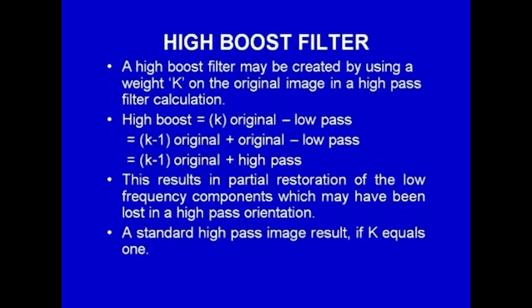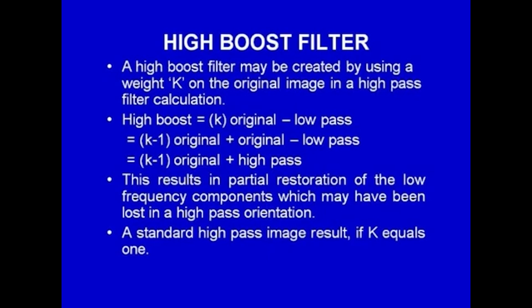The next type of non-directional filter is the high boost filter. A high boost filter may be created by using a weight k on the original image in a high pass filter computation.